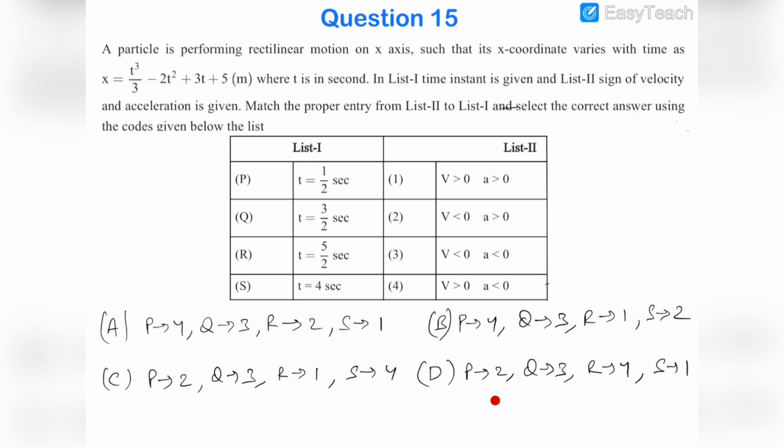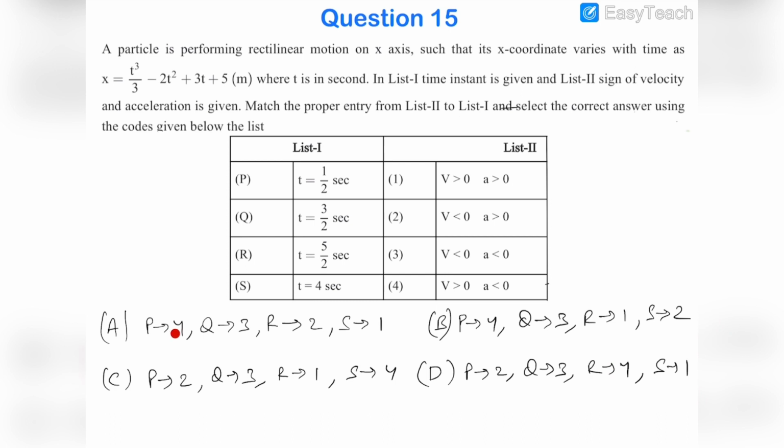There are 4 options in which the P option has 4 and 4, this is 2 and 2, and this Q option has 3, 3, 3, 3 in all of them. So the Q option will have the correct matching of 3. R option is 2, 1, 1, 4.